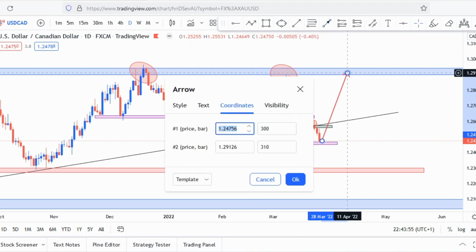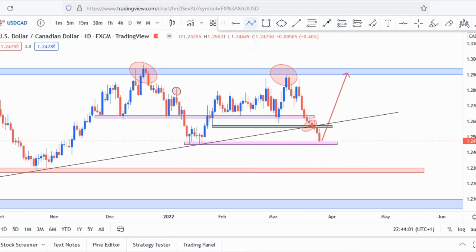The second one is for price to bounce from this level up to the resistance level here, and then bounce from there all the way back down, breaking this support level down here, and then retesting it as well, and then moving all the way down to the 1.23 area. And then the third possibility, which is likely as well, is for price to just break this support level and then continue all the way to the downside.